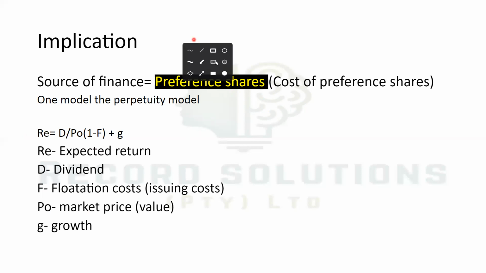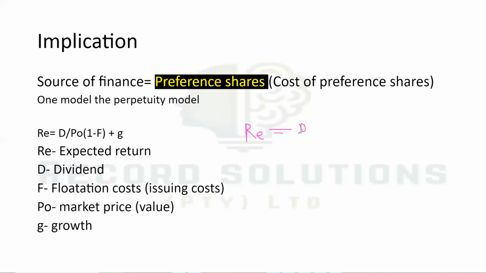However, in most cases, for your level, preference shares, it's going to be like this. In most cases, your formula is going to look something like this, right? With your D here, and you're going to have P0. The reason why I put this thing here was for completeness' sake, right? So to be complete.